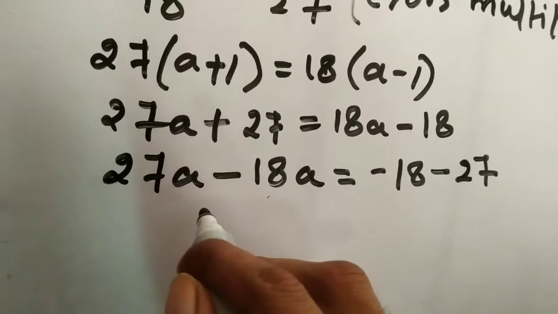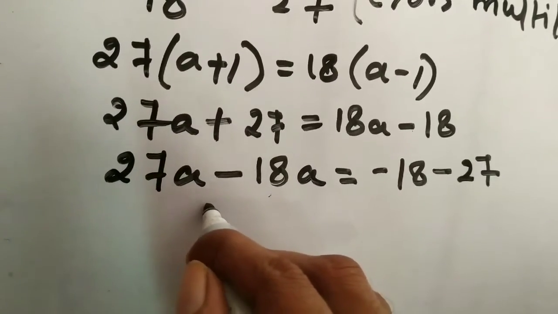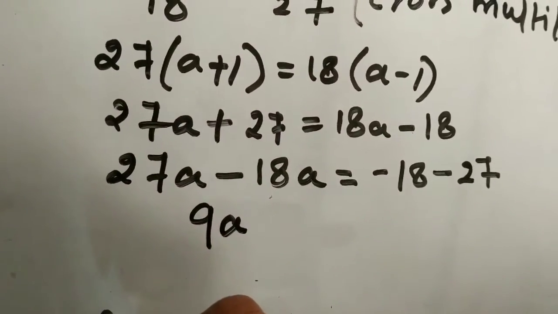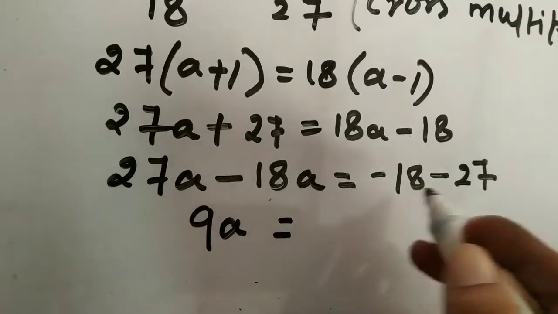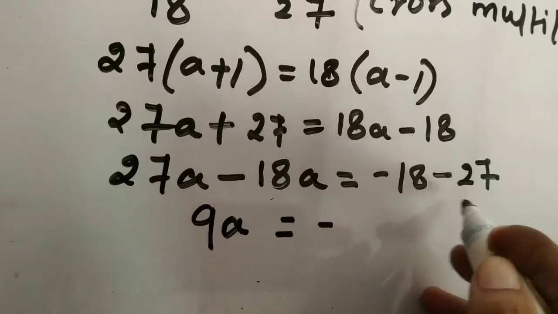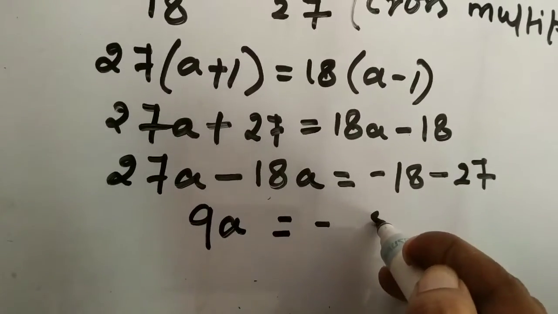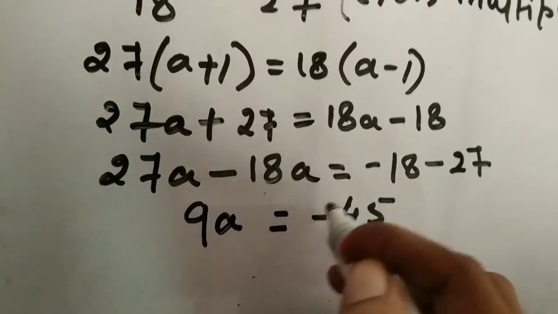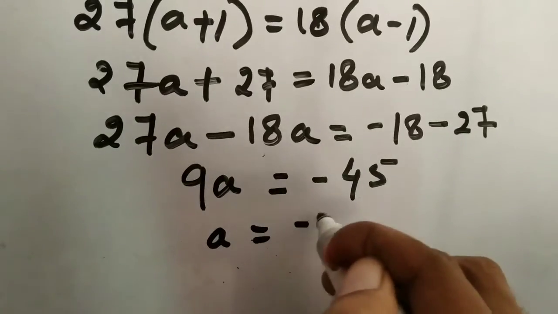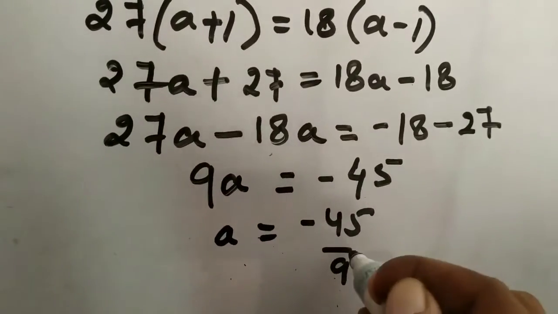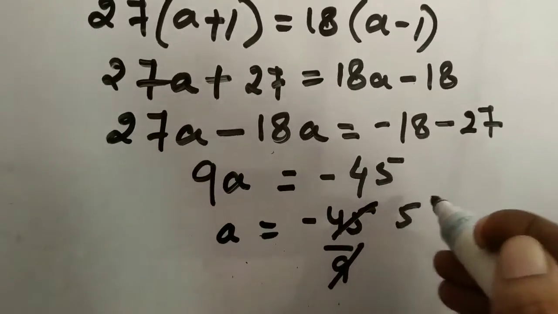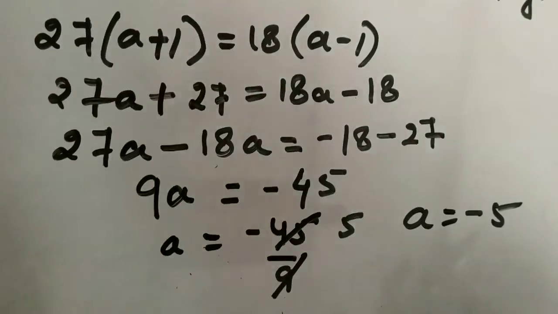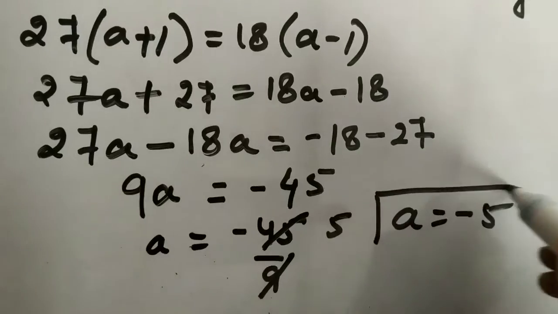So this will become 9a, and the right side will become minus 18 minus 27, which is minus 45. Now 9a is equal to minus 45, so a will be minus 45 divided by 9, that will be equal to 5. So the answer of a will be equal to minus 5. So this will be your answer. The value of a is equal to minus 5.